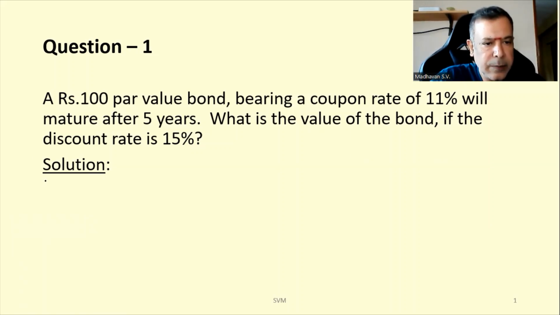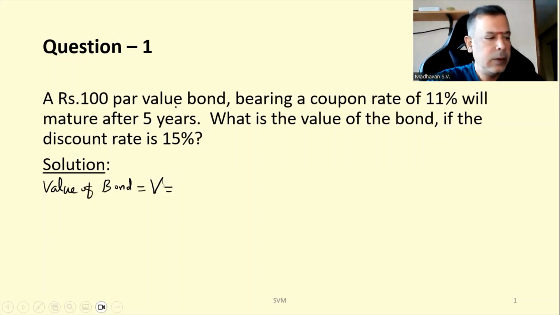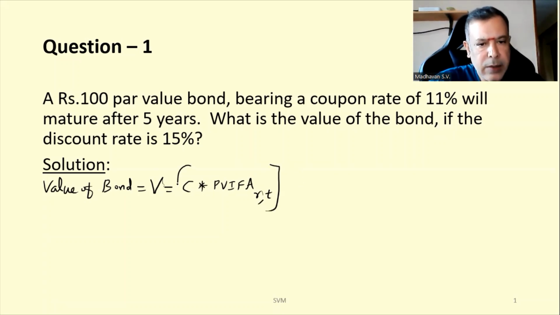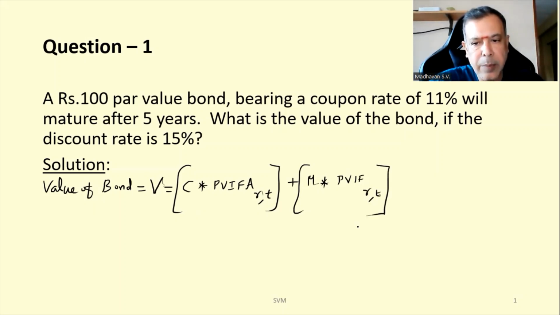The value of the bond, which we will call capital V, is C times the present value interest factor for an annuity, PVIFA, for a required rate of return R and time period T, plus M times the present value interest factor, PVIF, for the same required rate of return and time period.